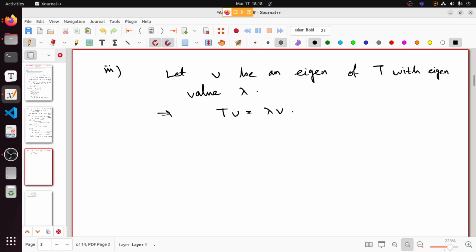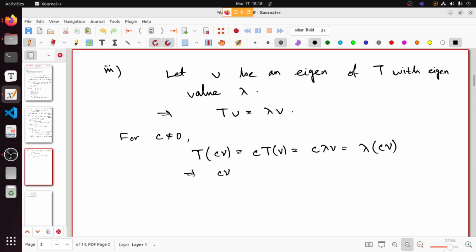Now for c not equal to 0, T of cv, what will happen? Because T is linear, c will come out, and it will be c times lambda times v, which means lambda of cv, right? Which implies cv is also an eigenvector of T, right?